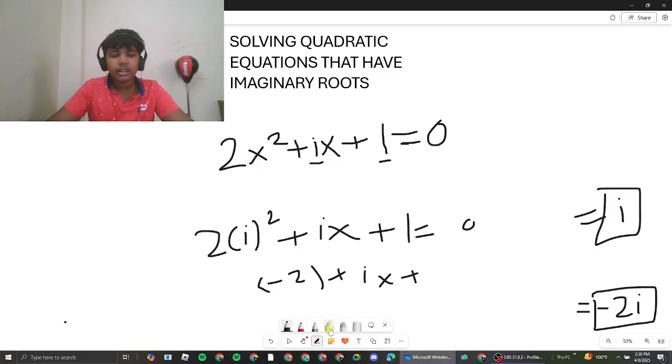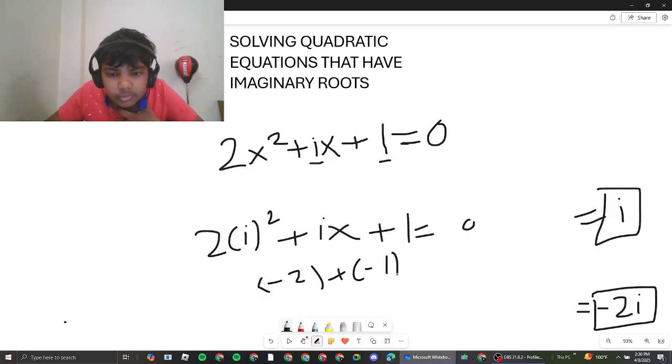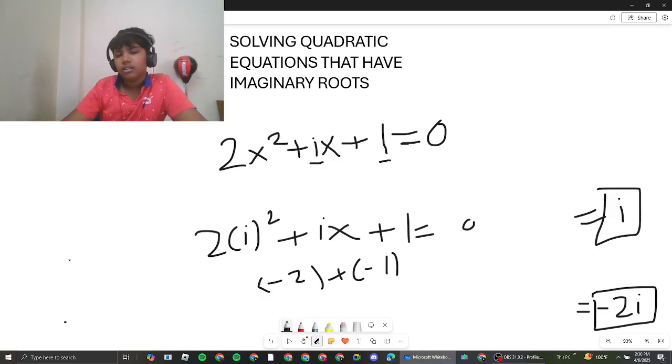We have to plug in x, right? So this will be i squared is plus negative 1, plus negative 1.